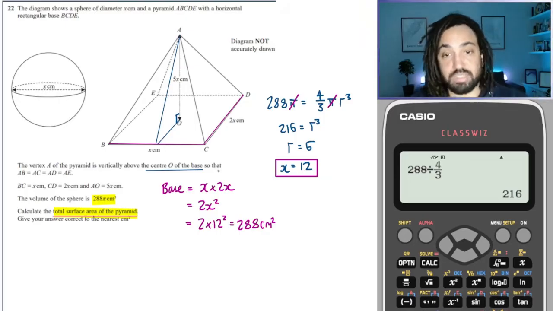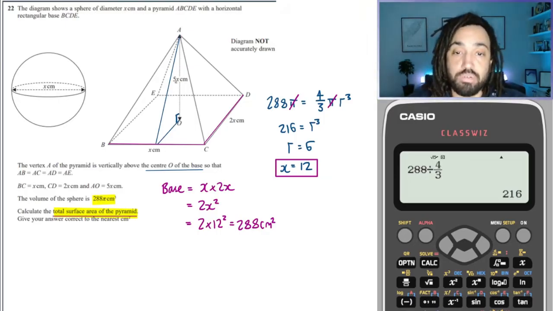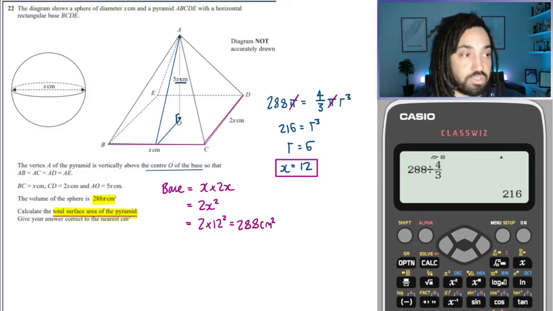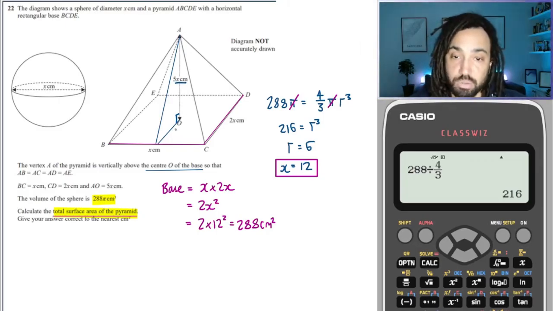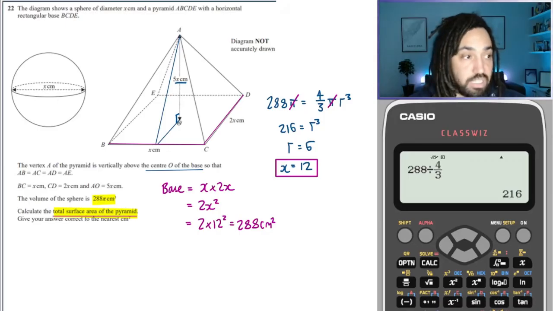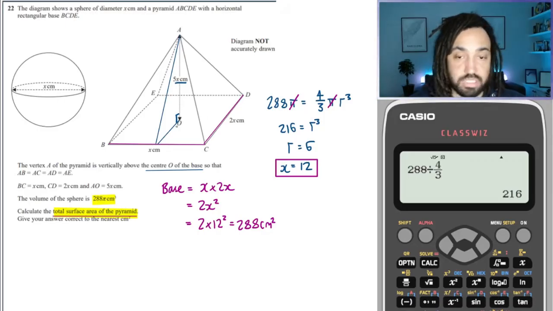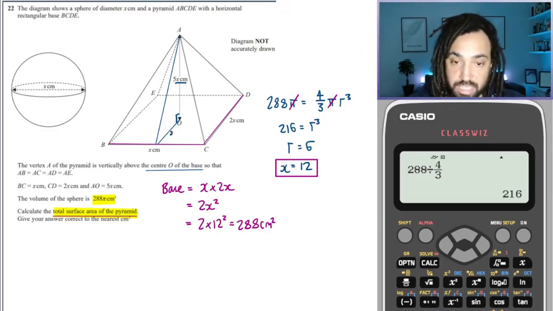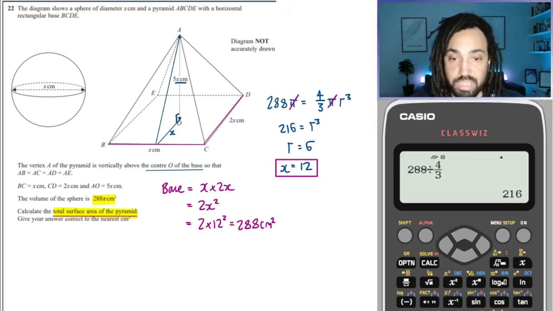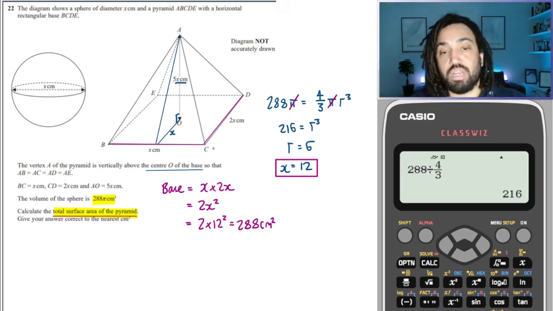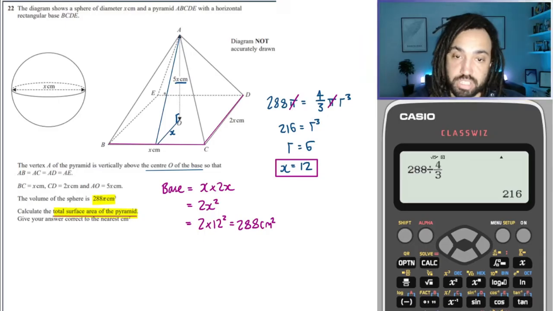I know one side is 5x, that's the height of this triangle, and because this is the centre and this side is 2x, then it must be 1x to go from here to here. So I can work out this slanted height here, let's just call it L.